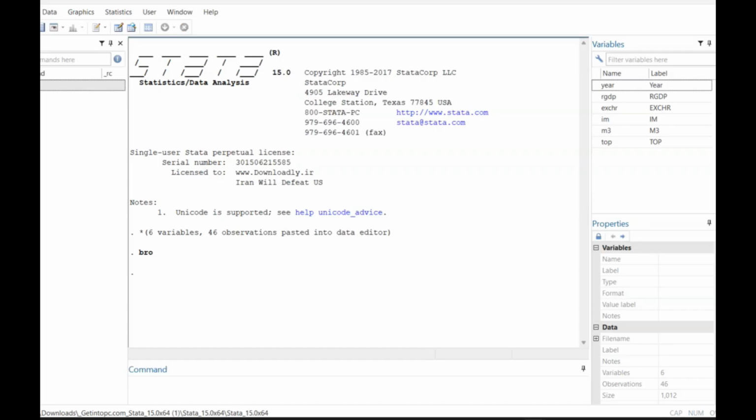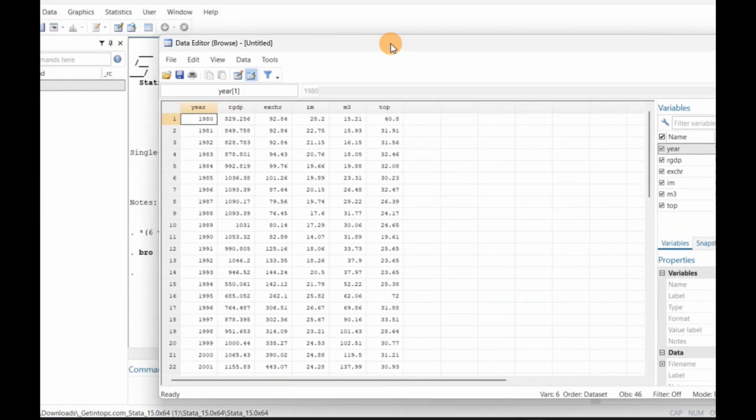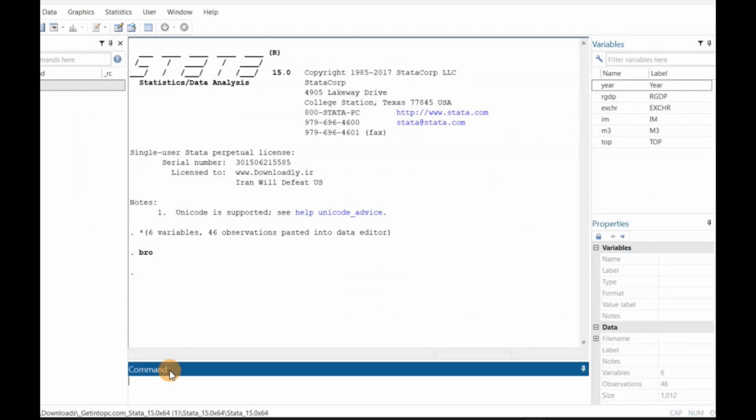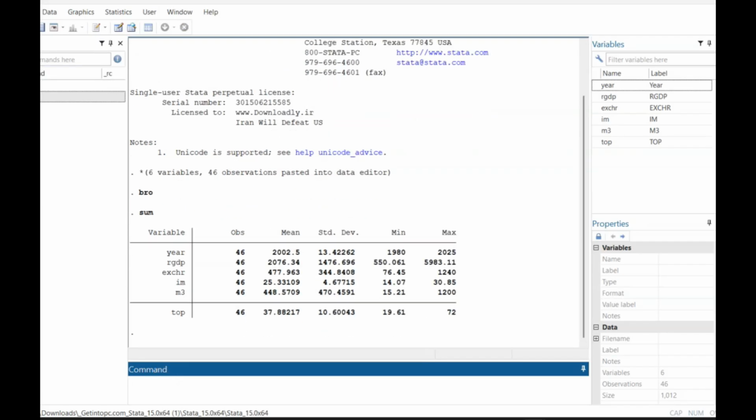Now the data set will be in Stata. All right, you can summarize. There is no issue, right? You can regress.